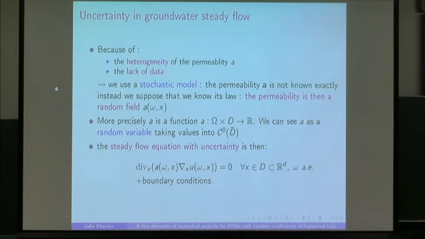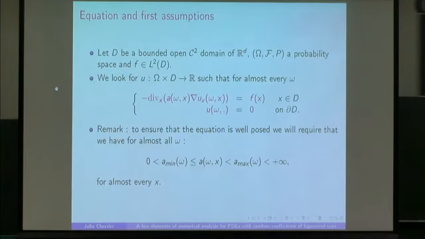So now I'm going to make some assumptions to get theoretical results. So it's basically the same equation, but in order to simplify, I have put directly boundary conditions and a source term f, and I suppose that f is in L2 to simplify.